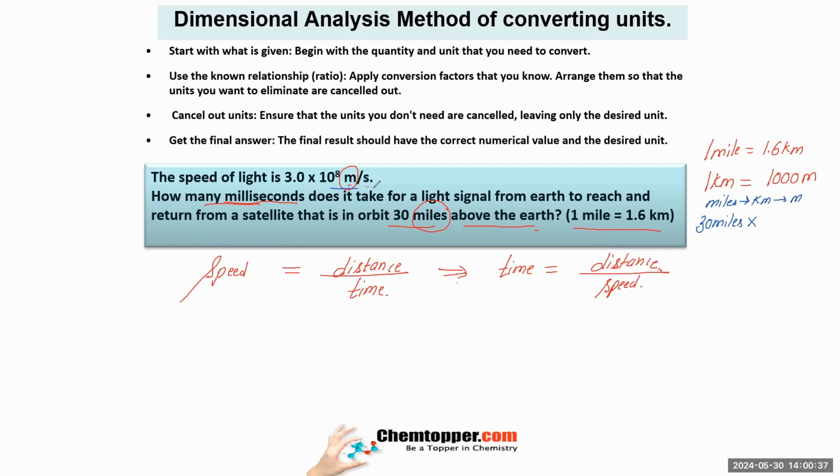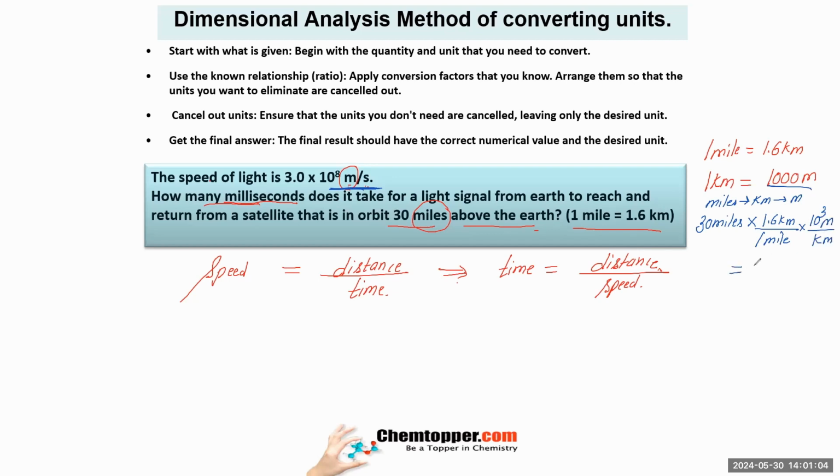Because speed is given to me in meter per second. So 30 miles, then the first ratio, 1.6 kilometer over 1 mile. Then the second ratio, 10 raised to power 3 meter, 1000 is 1 kilometer.